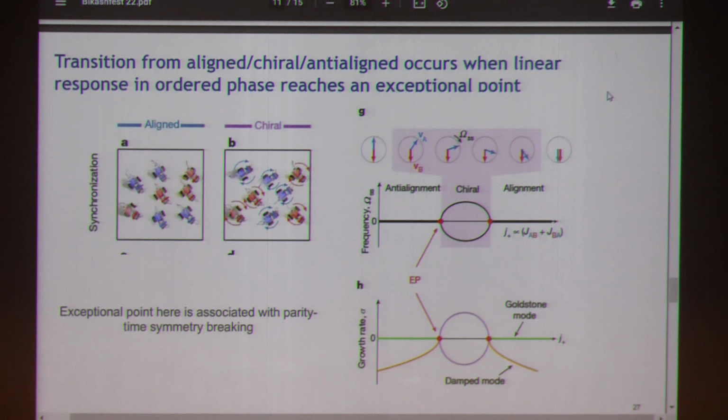However, if you have the system as described here, where the interactions are non-reciprocal, the transition is actually mediated by a chiral symmetry broken phase. What you can actually see is that the blue tries to align with the red, and the red runs away. So these two objects flock against each other.